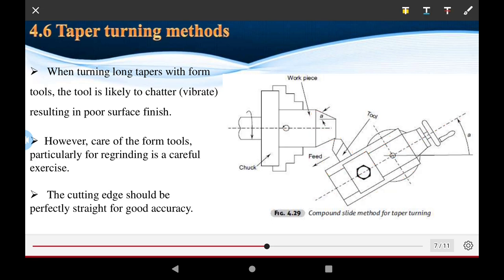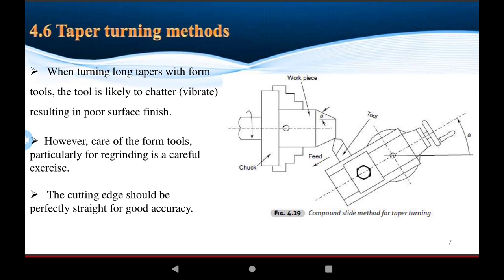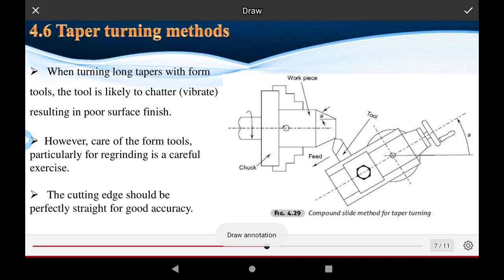Both are in a mismatch line. This tool is selected for this operation, and the tool feed rate direction is downward. The work is performed in the compound slide method for the taper turning operation.